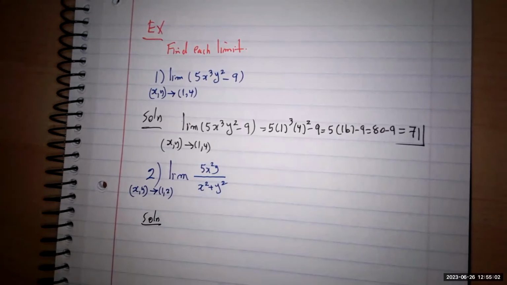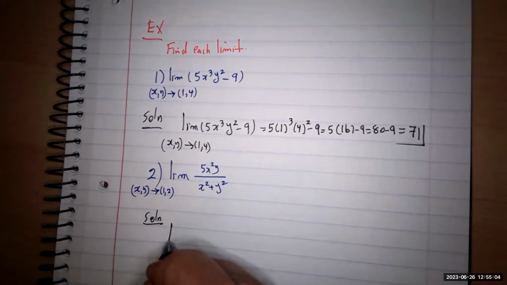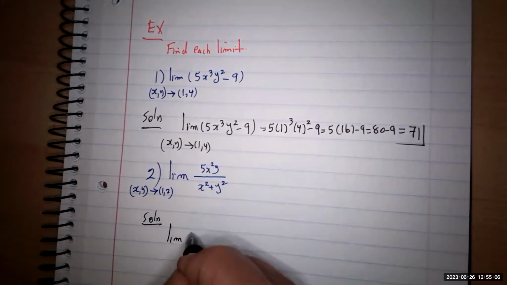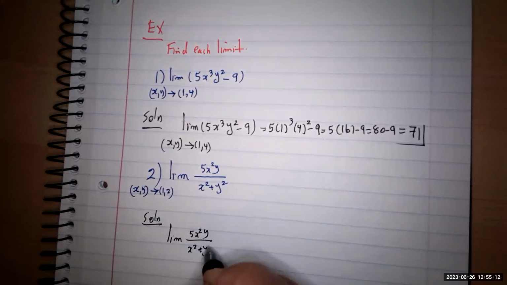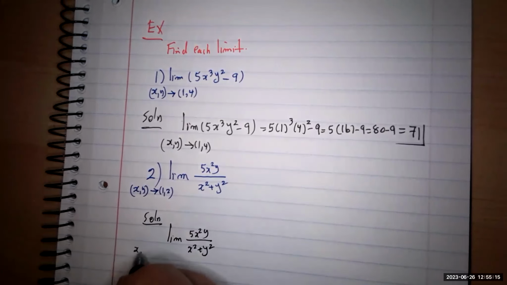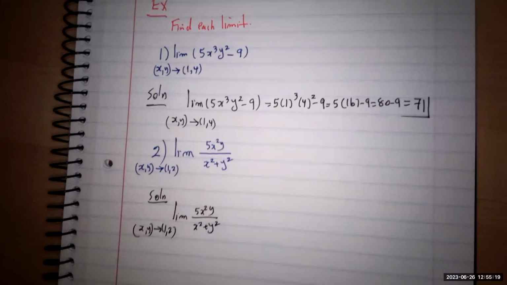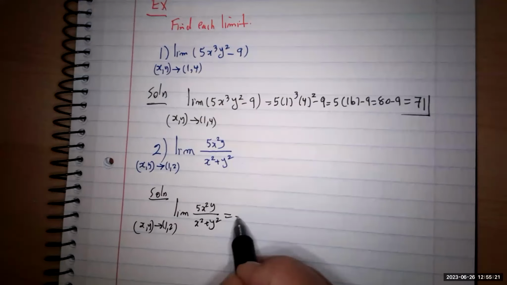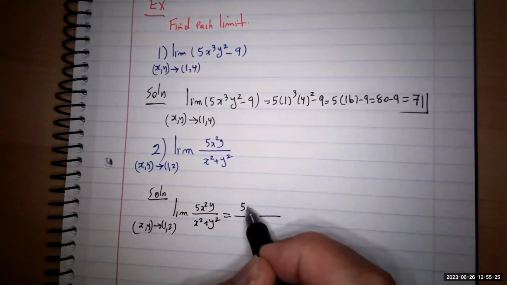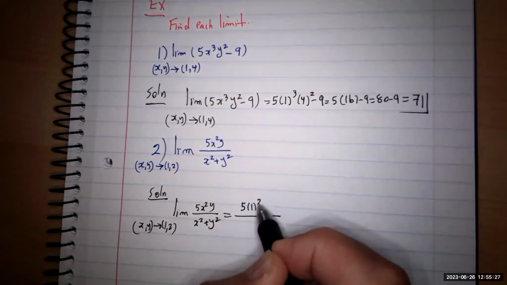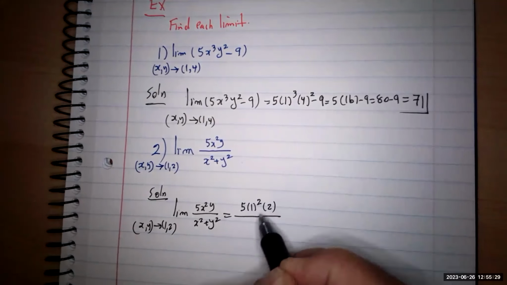Solution. The limit of 5x squared y over x squared plus y squared. I just repeated it, you don't have to. As x comma y goes to 1 and 2, you can just substitute. The top is 5 times x squared, x is 1, times y, which is 2.